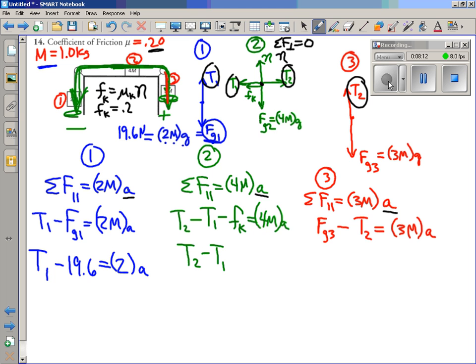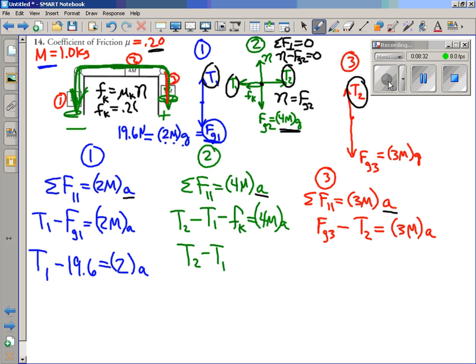So you have normal up, subtract force of gravity on object 2 down, equals 0. So normal force equals the force of gravity on object 2. Force of gravity on object 2 equals 4 times 1 times 9.8. So we actually know what that normal force is.